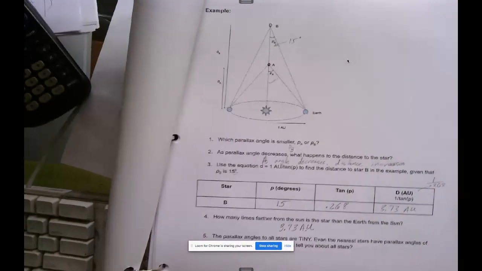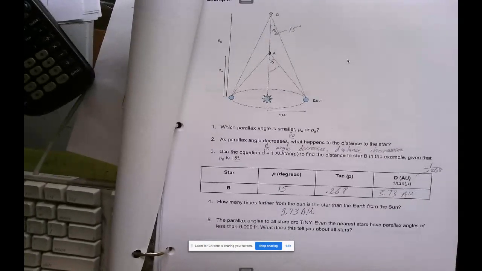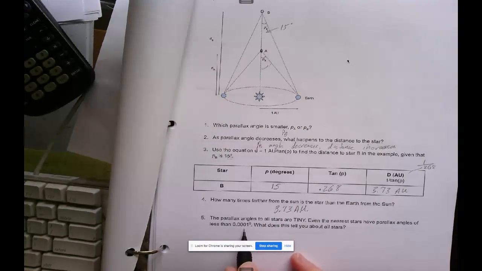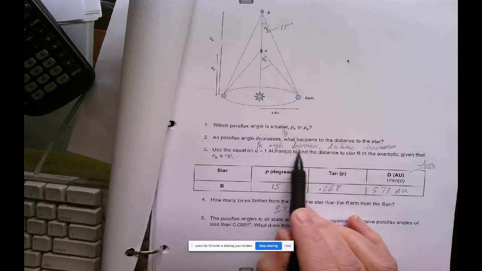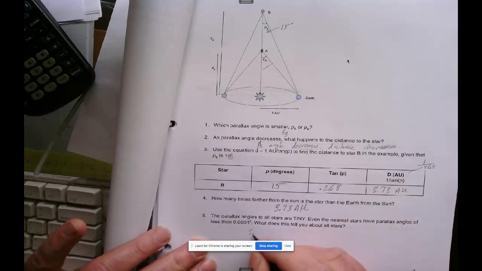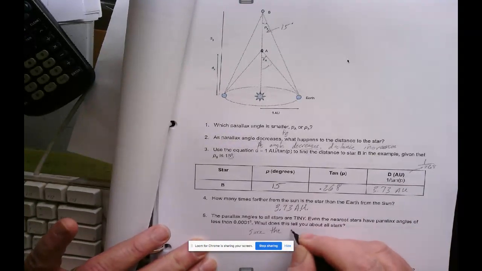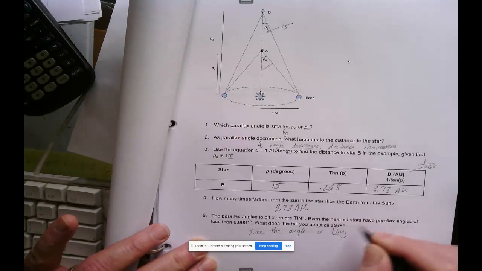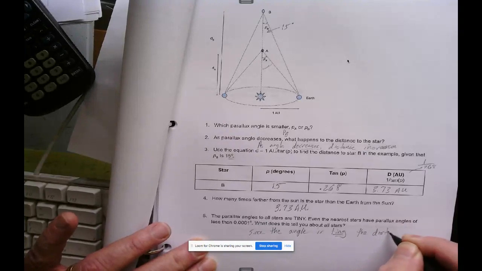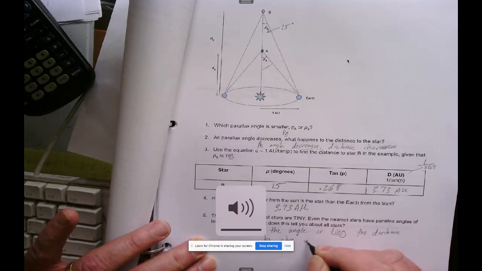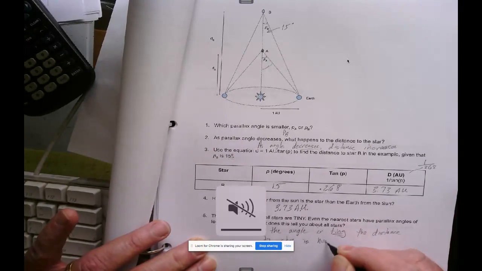Now, in real life, the parallax angles to the stars are tiny, okay? They're not going to be like 15 degrees. They're going to be 0.0001 degree. And what does that tell you about all of the stars? Well, as the angle decreases, it gets smaller, distance increases. So since the angle is tiny, the distance to the stars is huge.